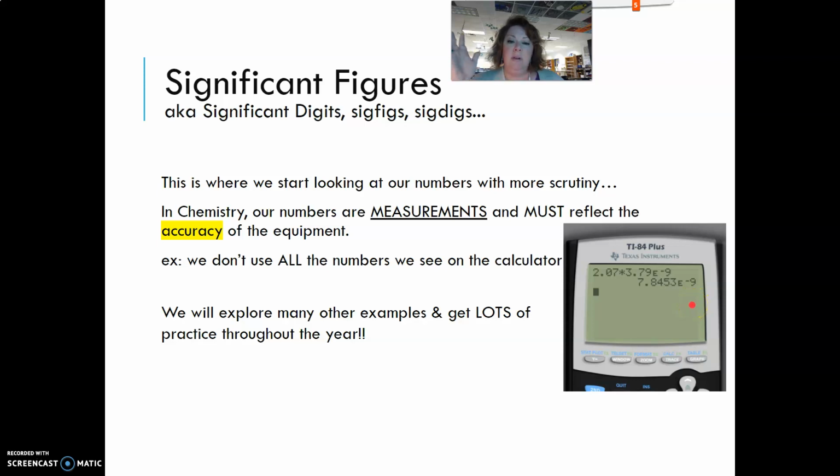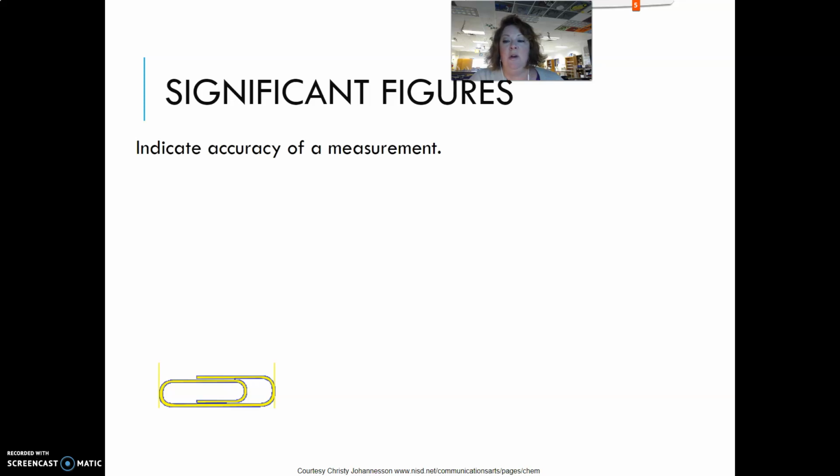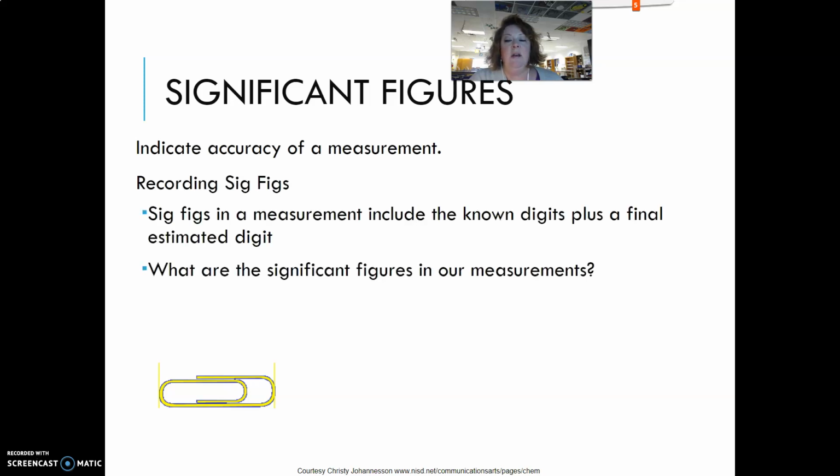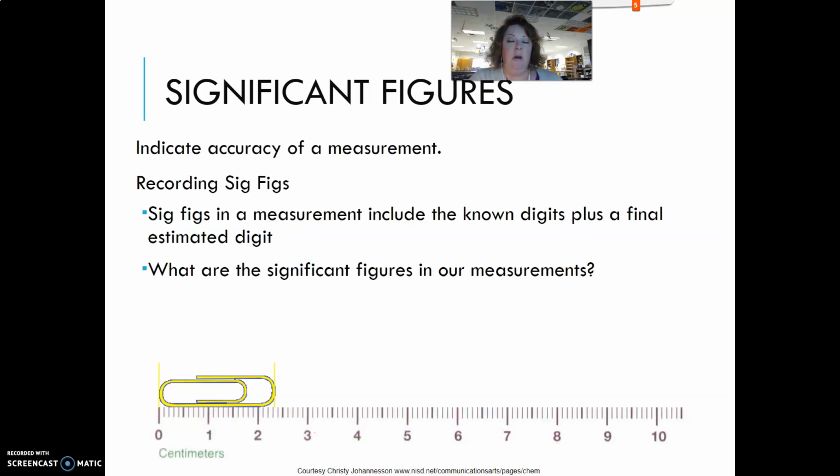We are going to explore lots of other examples, and I promise you we'll get lots and lots of practice throughout the year. You may not be perfect with them when we start. You will definitely be really good by the end of the year. So accuracy of a measurement is why we talk about significant figures.